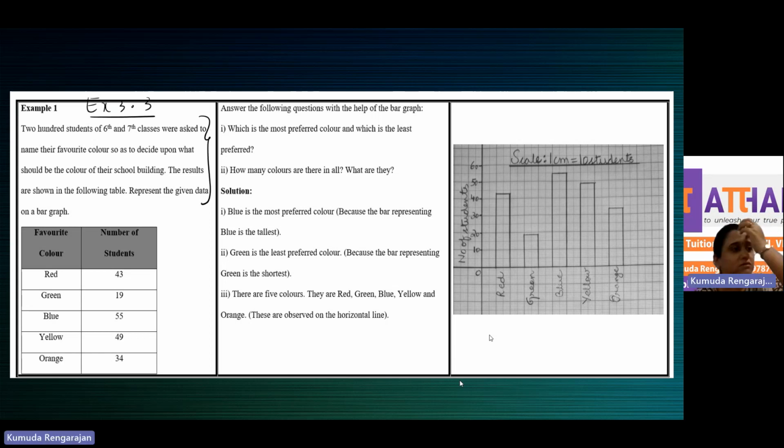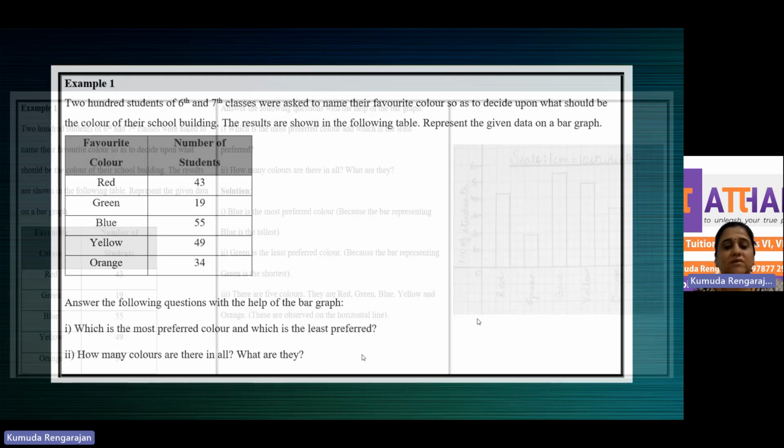All right, children. So as Anirudh said, we can also take 1 centimeter for 5 students. Now, when you take 1 centimeter for 5 students, listen carefully. See here.